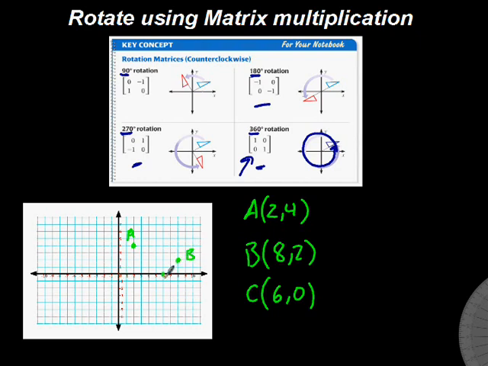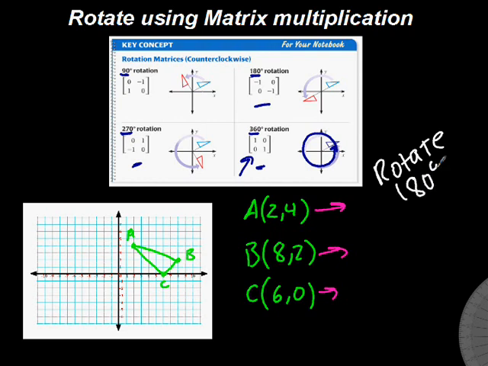Let's make a little triangle. And we are going to rotate it 180 degrees. Why not?